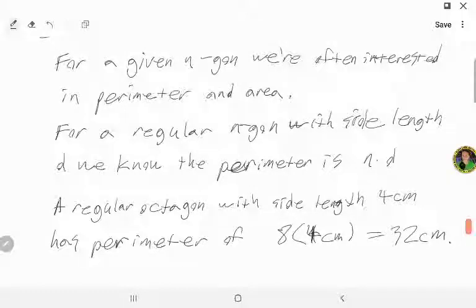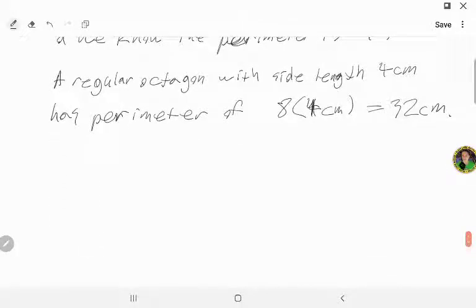area tends to be trickier. We notice that if we want to get the area of a regular n-gon, if it's not regular, we need to take lots more measurements. But for regular n-gons, all we need to know is the side length and those interior angles.